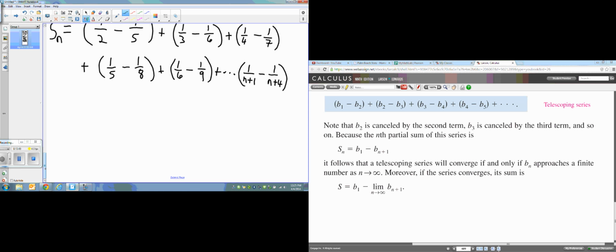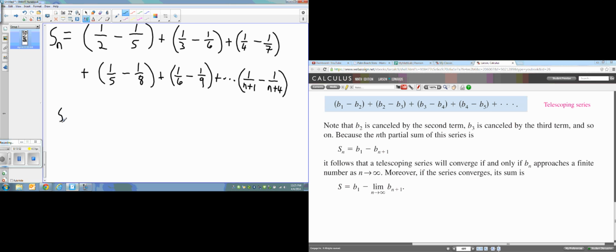I see that there's a 1/2, and a 1/3, and then I can create with these terms 1/4, and I can put the minus 1/5 here. And then plus 1/5 at the beginning of a term, and then minus 1/6.